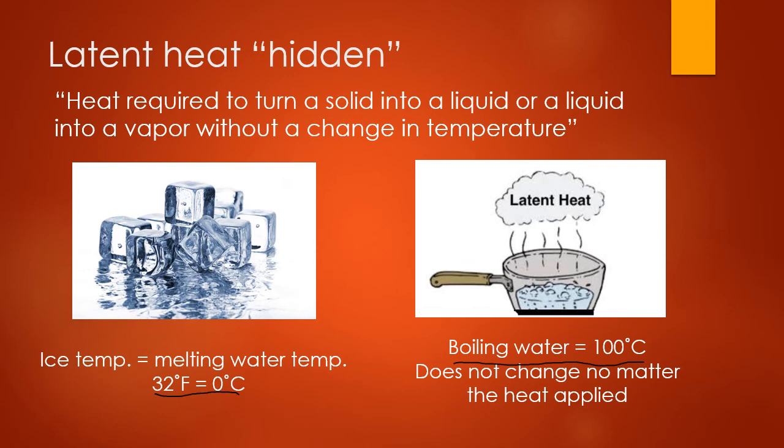Now that temperature is going to remain the same, but you know heat's going into the system not only because your stove is on and you can see the flame below it, but also your water level's going down. So you know you're losing water molecules because they're going into a gaseous form. However, you're not seeing a temperature change because all of the heat going into it, all that latent hidden heat, is going towards that phase change.